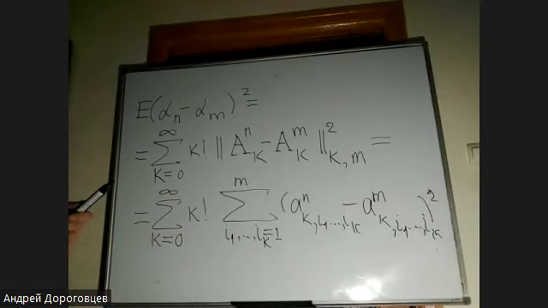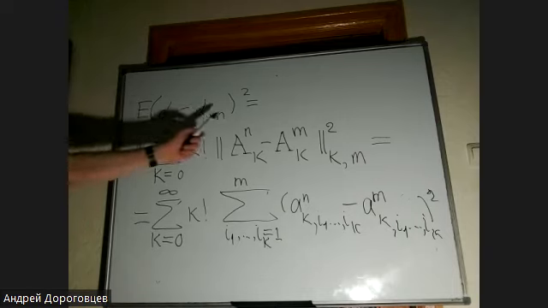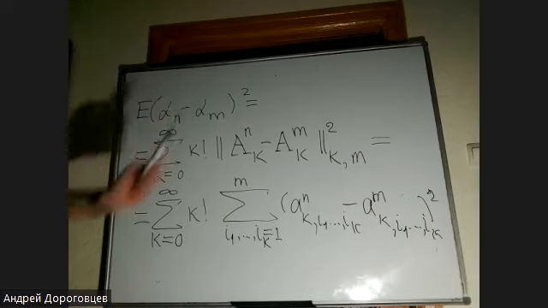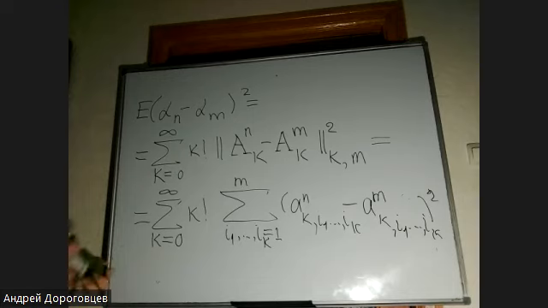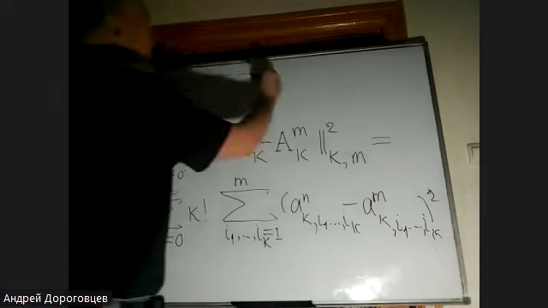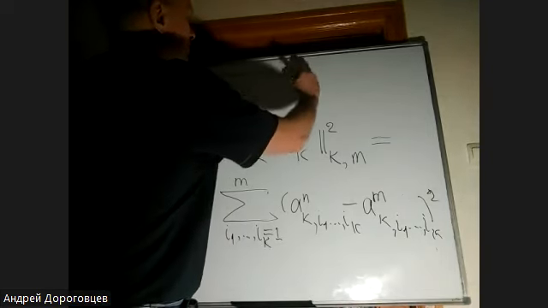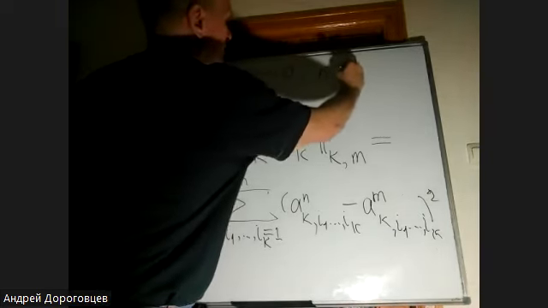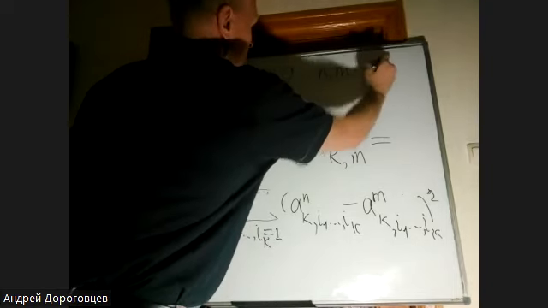So we have such a relation, and we know that the left hand side of this relation goes to 0 when n and m go to infinity.